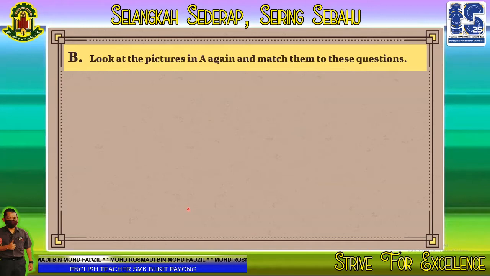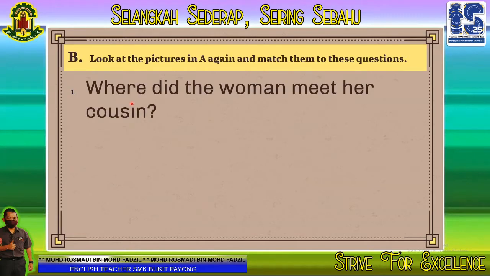Try to understand what you have to do. Okay, it says here, look at the pictures in A again, and match them to these questions. Okay, dia suruh tengok gambar A just now and sesuaikan with these questions.